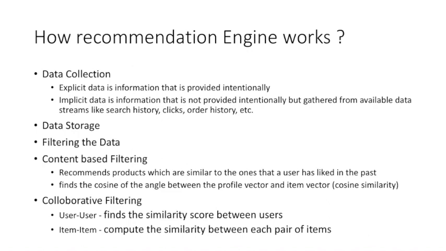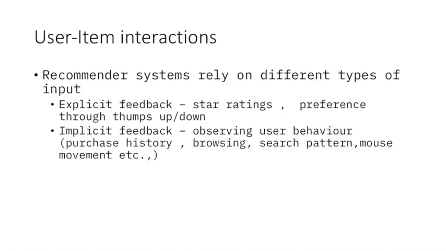One is explicit data collection, and the other is implicit data. Explicit data means that as a user, while we log in to a retail portal, we rank or give feedback on a particular item.